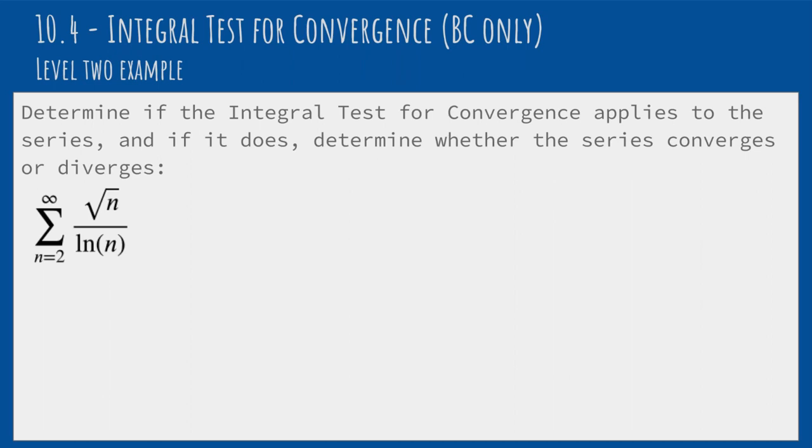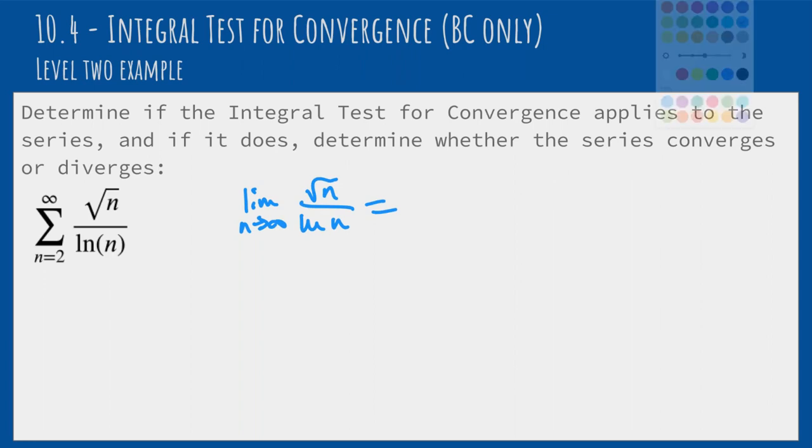Well, if n is increasing, these terms are all going to be positive here. However, if we look at what happens as n gets bigger for these terms, looking at the relative rates of growth or dominance of the functions, the numerator being a polynomial, since that's n to the 1/2, and the denominator being a log, the numerator is actually going to be growing faster than the denominator.